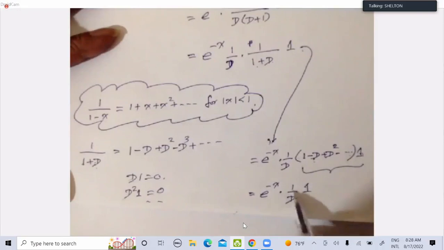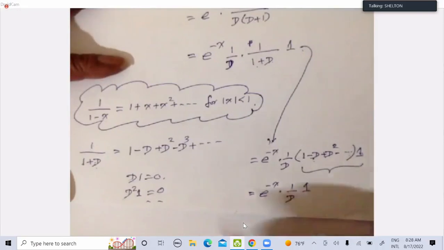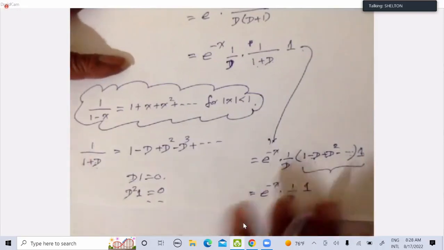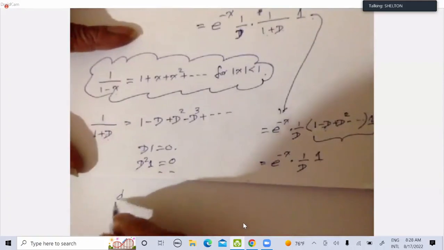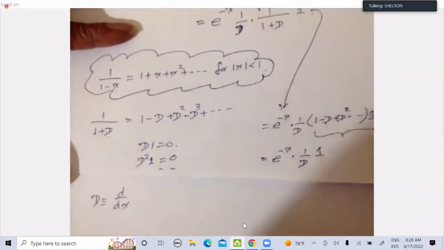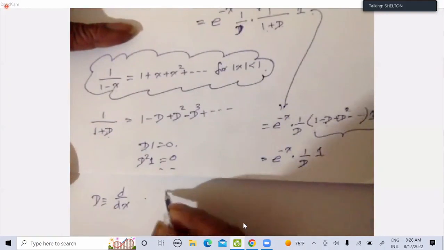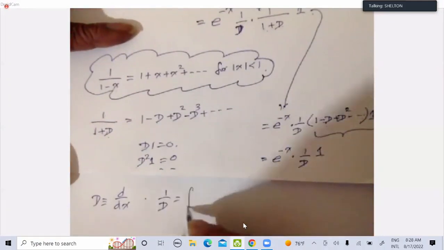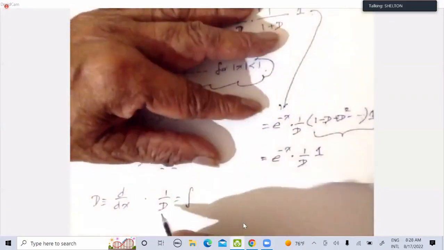As I told you earlier, 1 over d applied to 1. 1 over d is the inverse of d over dx. What is 1 over d? Then 1 over d is equal to integration, the inverse operator.